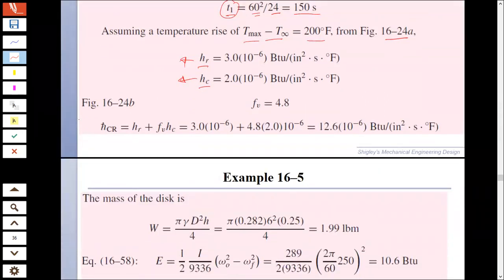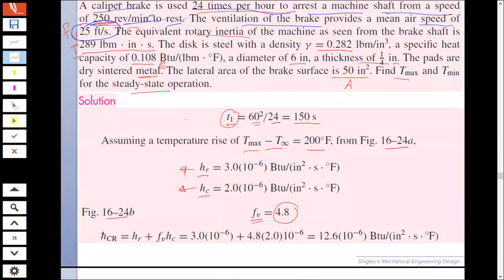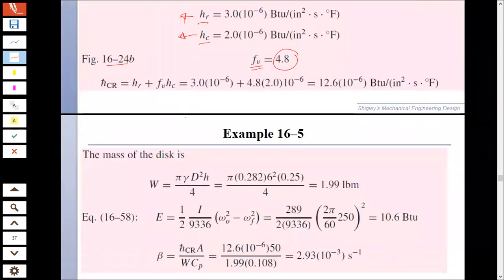Also from 16-24b, your ventilation factor, which is 4.8 for a velocity of 25 foot per second. So go ahead and find your HC, the combined heat transfer coefficient, by incorporating these values. Okay? So it turns out to be 12.6 times 10 to the minus 6 BTU per inch cube second Fahrenheit.